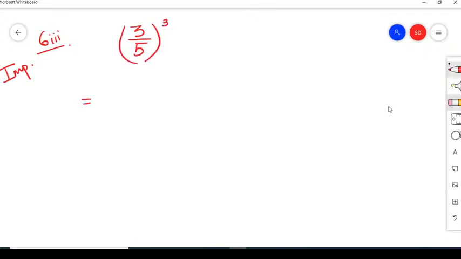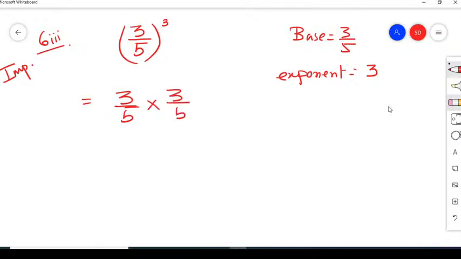So which is the base? Base is 3 by 5. What is the exponent? 3. So 3 by 5 should multiply to itself 3 times. Okay. So 3 3s are 9, 9 3s are 27, and 5 5s are 25, 25 5s are 125.